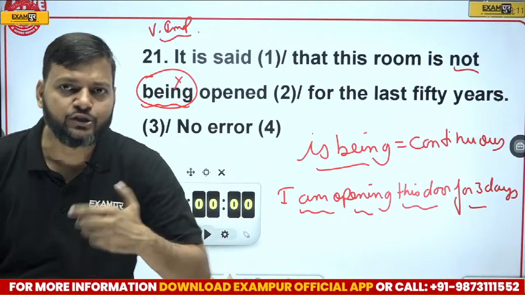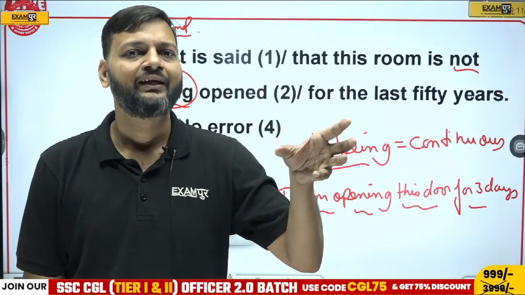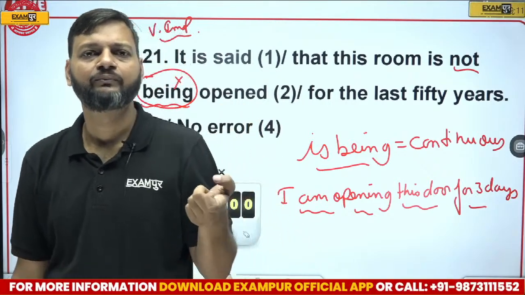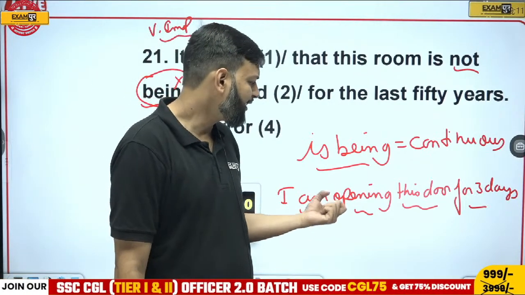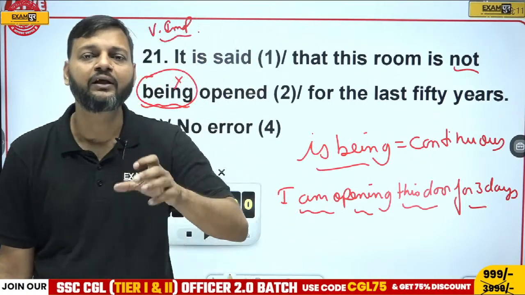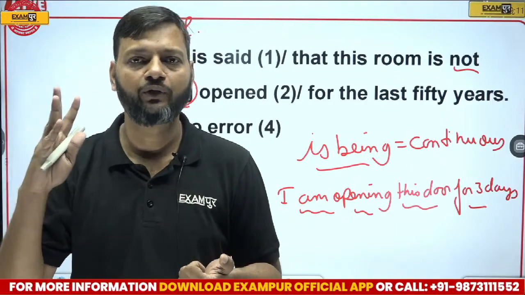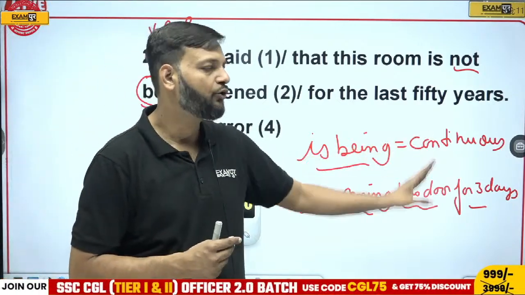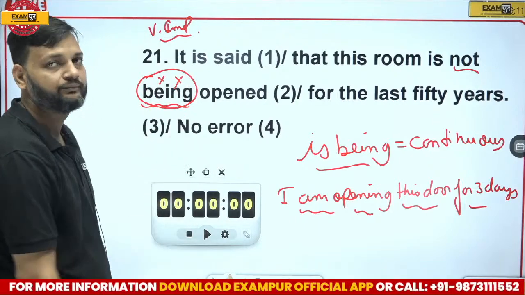That is correct, because if a door is jammed and not opening right there, you can say I am trying to open it. But to open a door is not a process that continues. So being plus third form means continuous action, and this action cannot be continuous, so being will be removed.